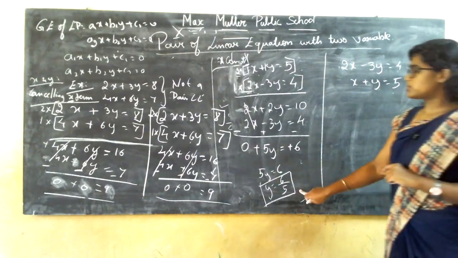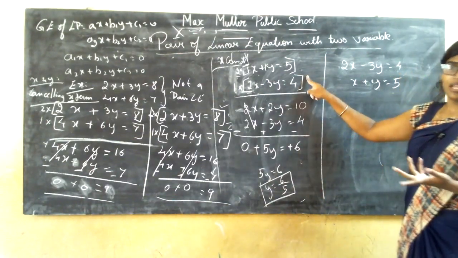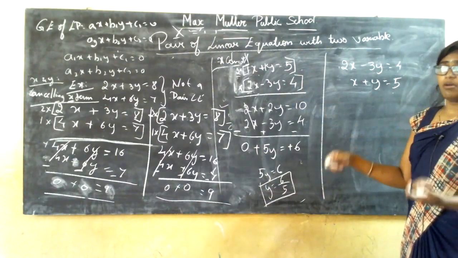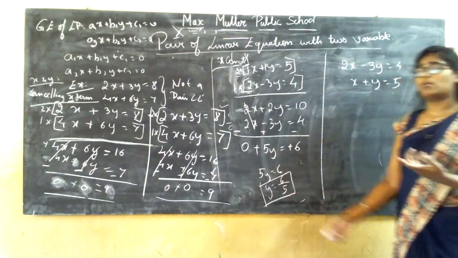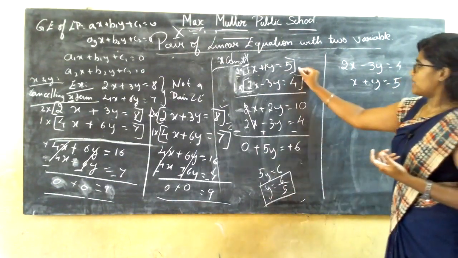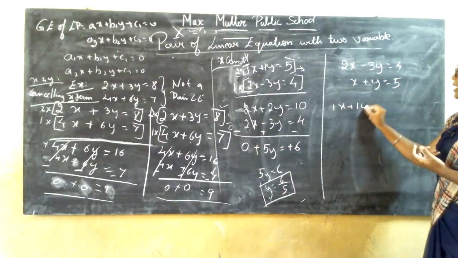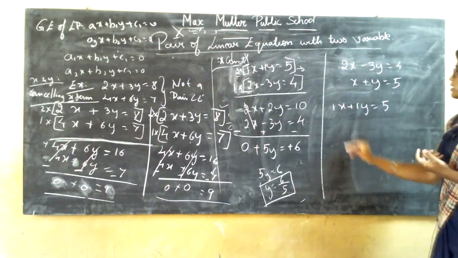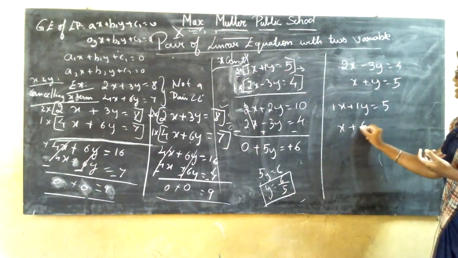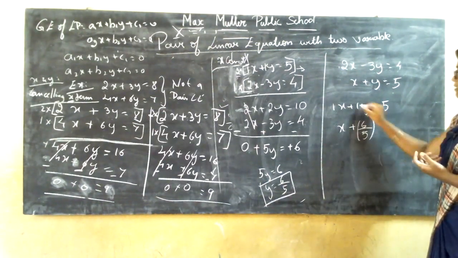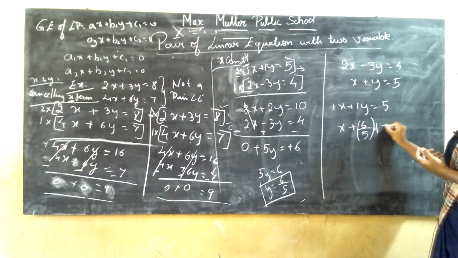Then you are going to substitute this y value in any equation. Take the least number equation where you do not have much number to be multiplied or subtracted. So this is the least number equation, that is 1x plus 1y is equal to 5. So this is x plus 6 by 5. You have 1 here, so 1 into 1 is equal to 5.